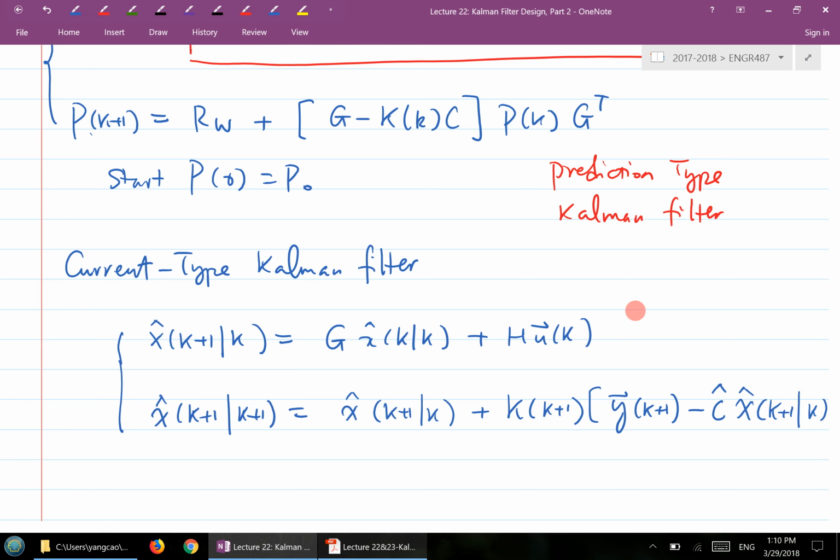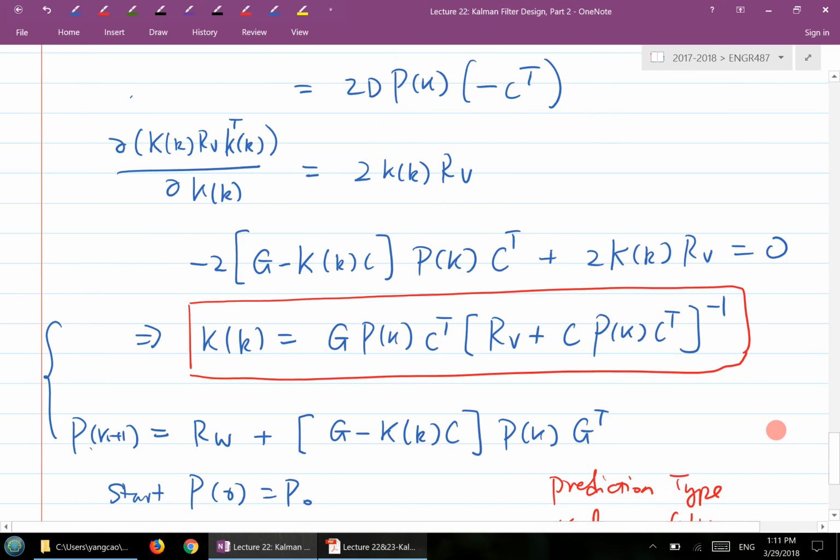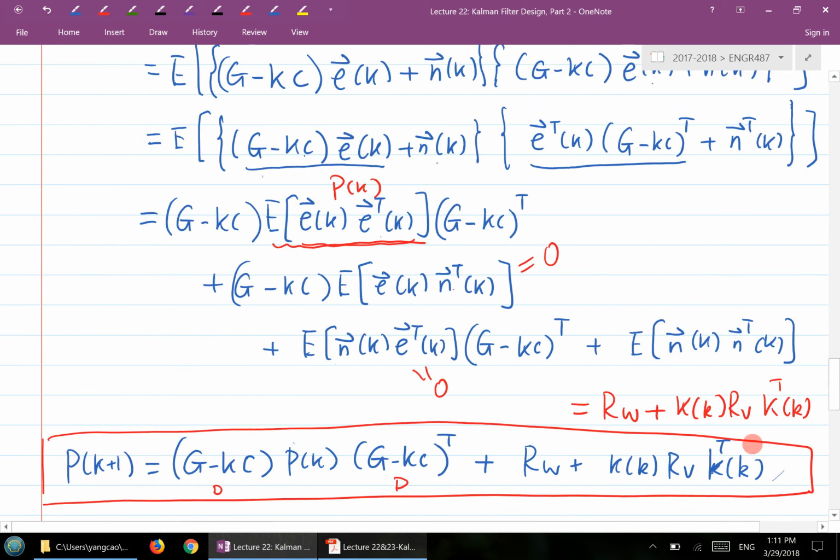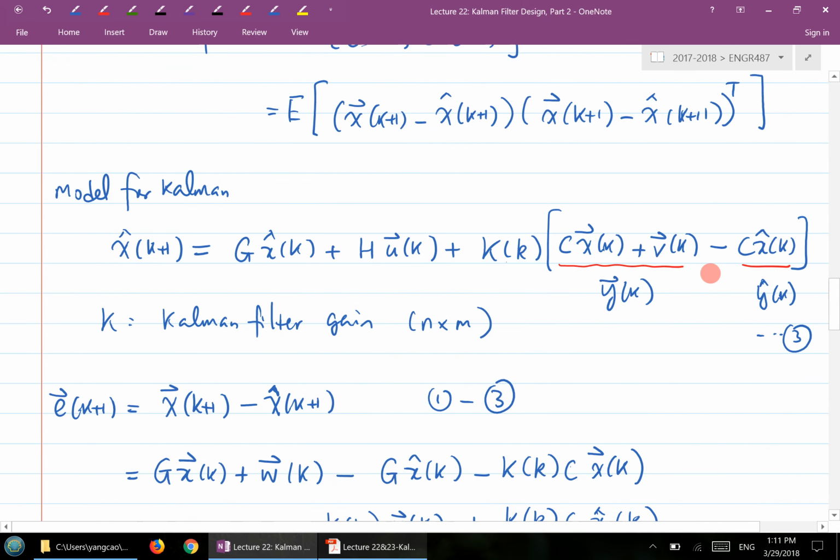So don't be scared. Look at what's going on within the bracket here, right? Now let's back off a little bit in terms of the prediction type. So you see the prediction type, I have x hat k plus 1, right? Now technically I could write it like this: k plus 1 and then a vertical line and the k.